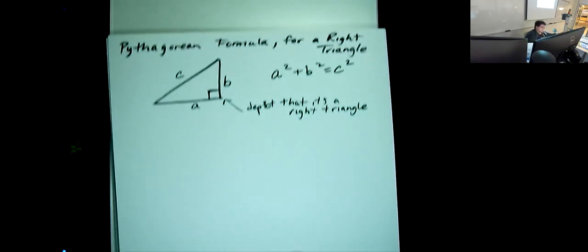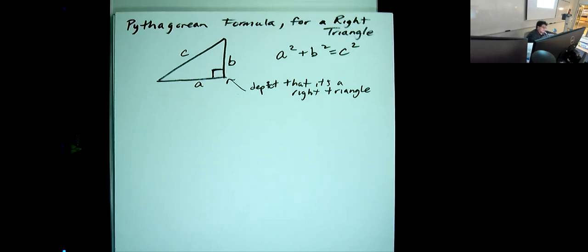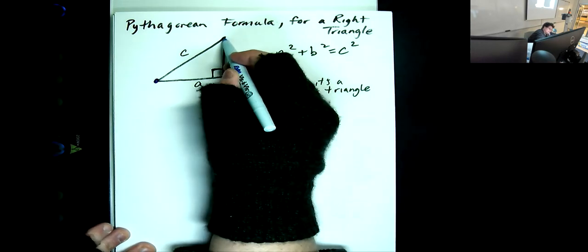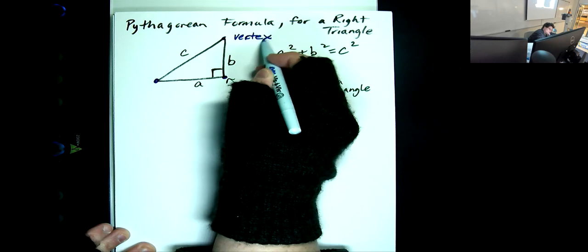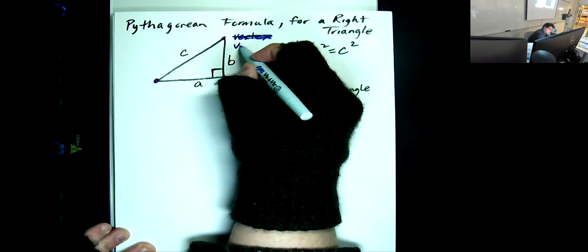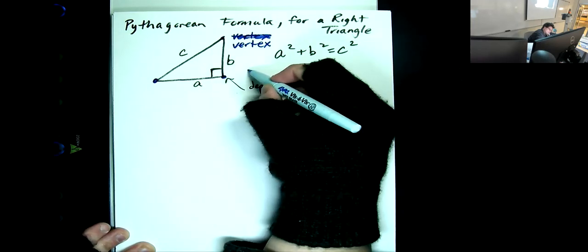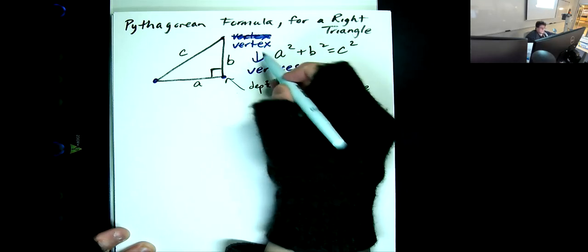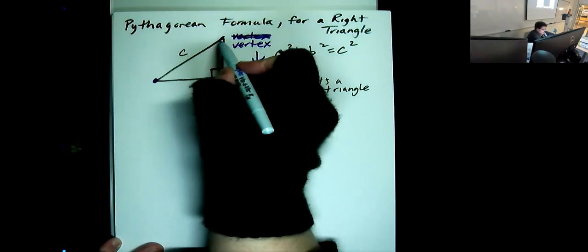So what we're going to do is we're going to have 3 points. And we're going to determine, oh, for a triangle, these are called vertices. Well, a single version is vertex. And when you have more than one, they're called vertices. So the plural of vertex is vertices. And the vertices are the points.